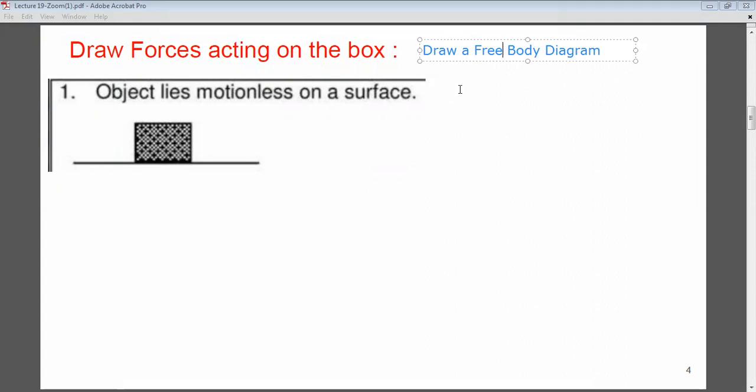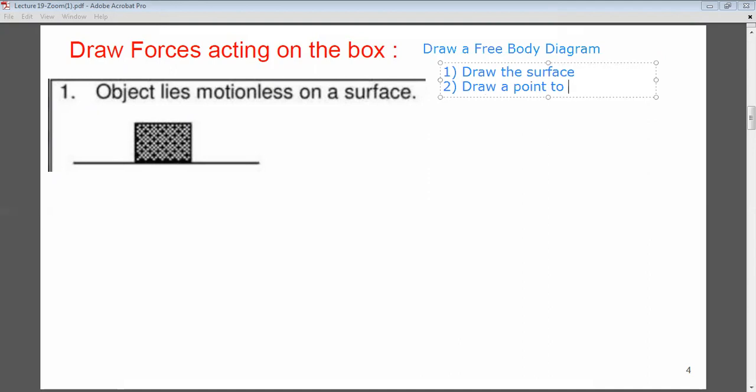In order to draw the free body diagram, 2 things. First, draw the surface. Okay, draw the surface. This is step 1. Step 2, draw a point.